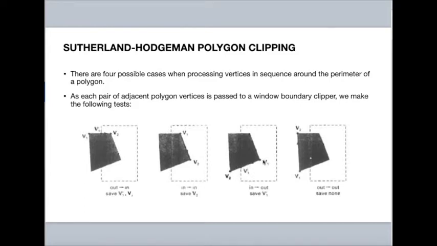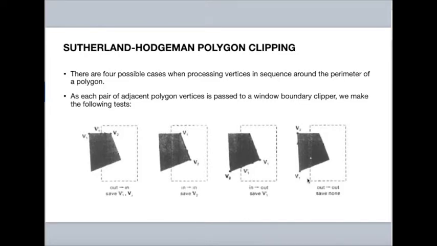That is for the in-out case. And the last case is when both the vertices v1 and v2 are outside the window boundary. In that case you discard both of the vertices and save none of them.